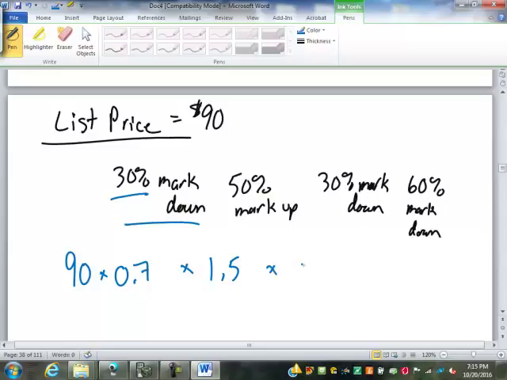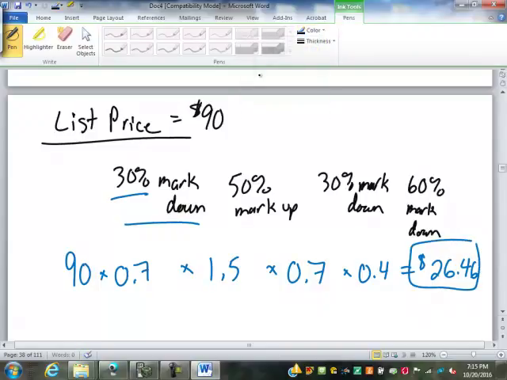And then 0.7, because it's 30% marked down, so 100 minus 30. And then 0.4. What do you get? $26.46. Any questions?